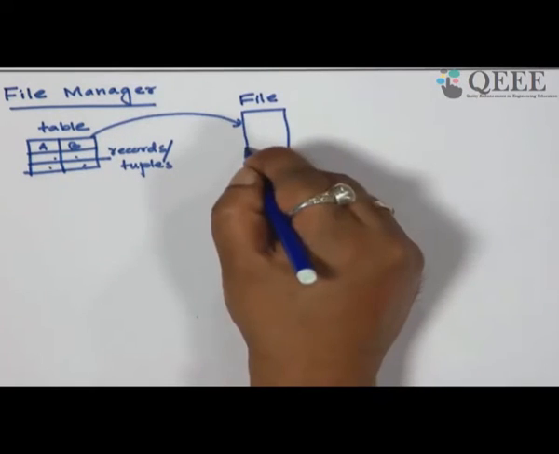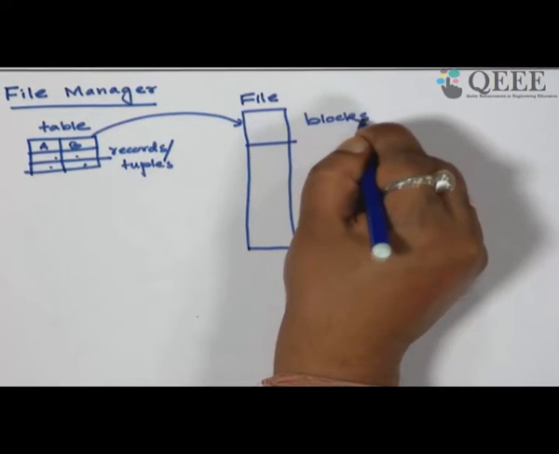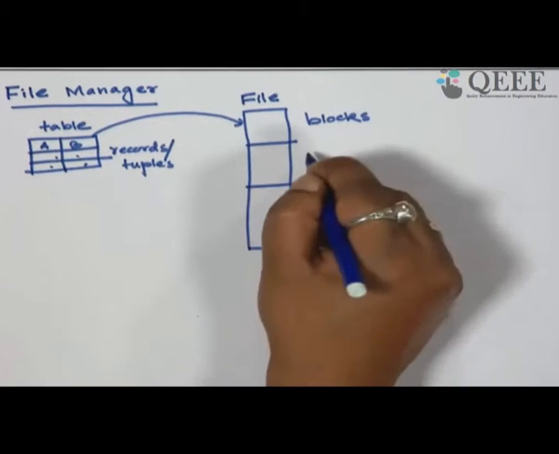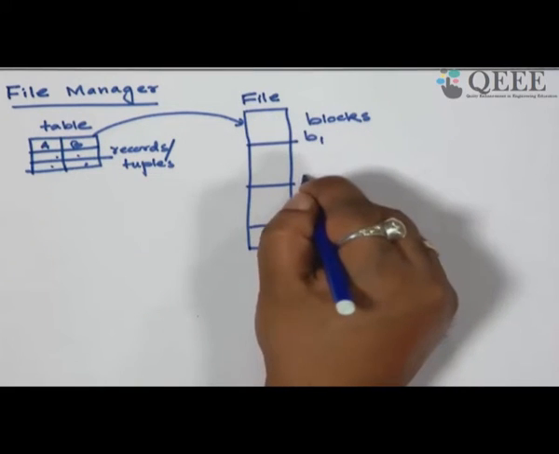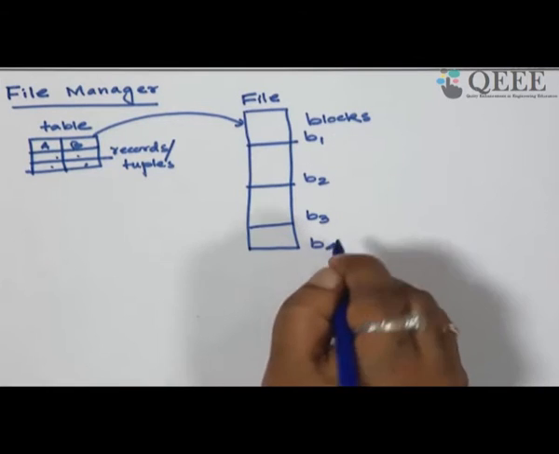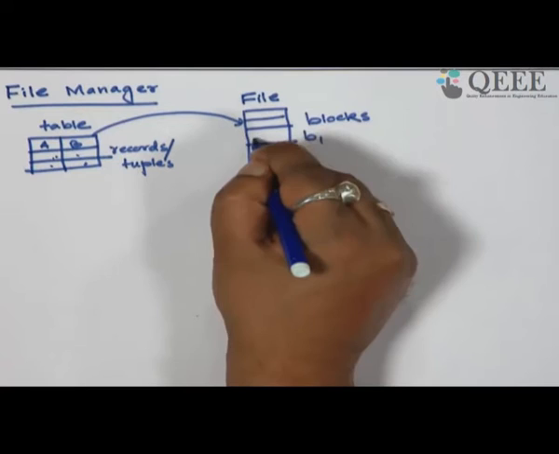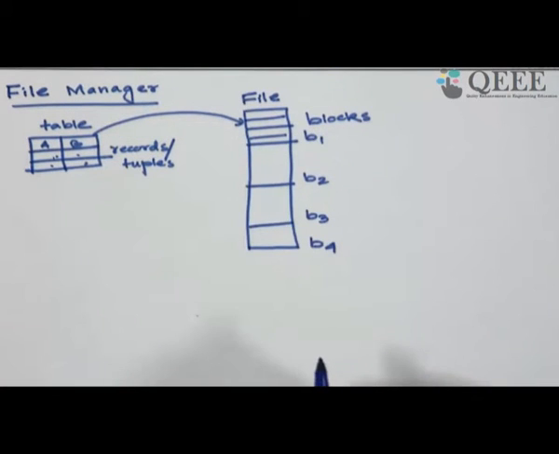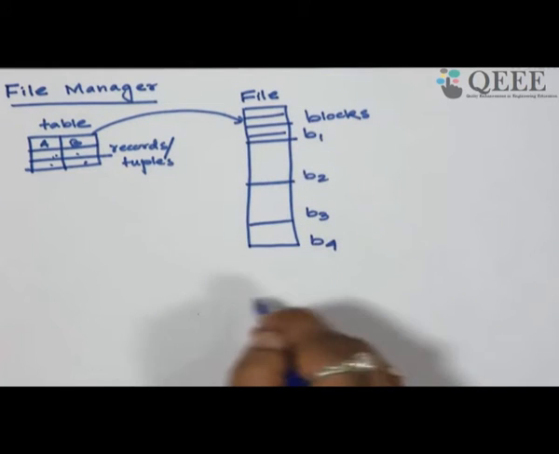What is a file? It is a set of blocks. Block 1, block 2, block 3. And these records are arranged inside these blocks. And blocks themselves should be arranged inside a file.